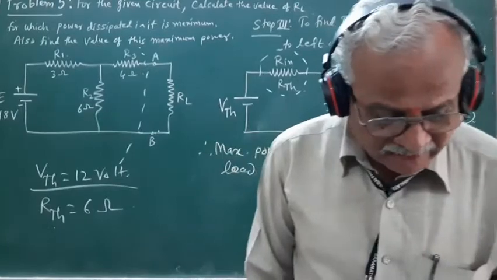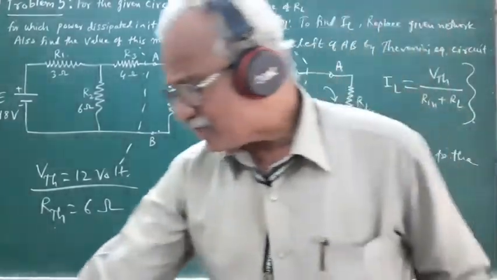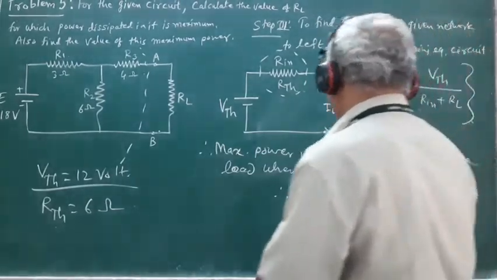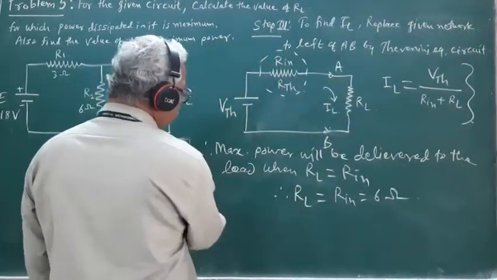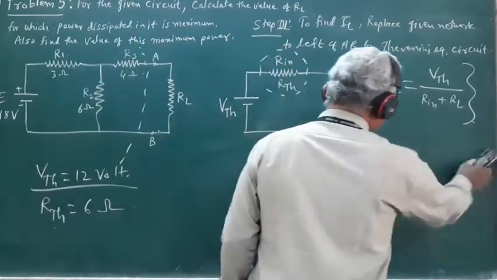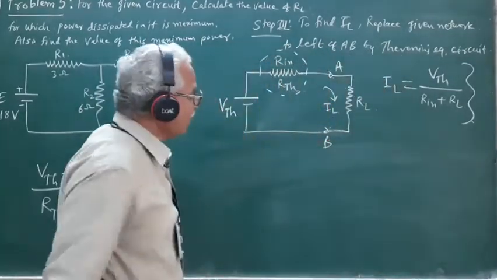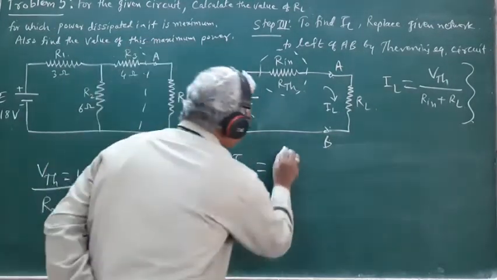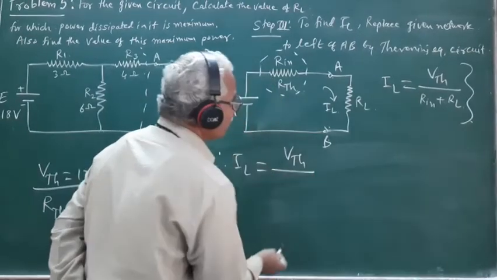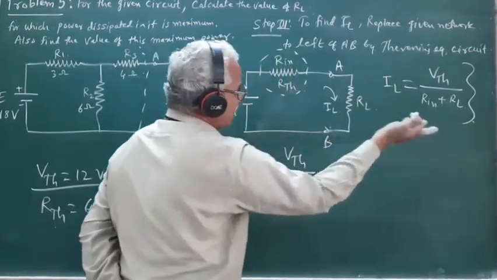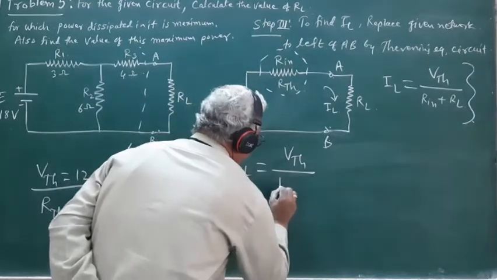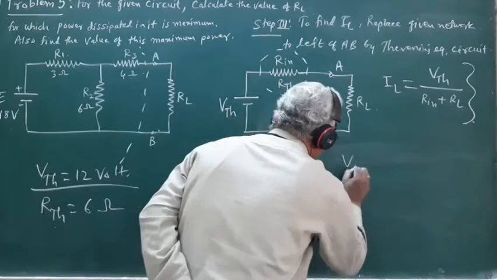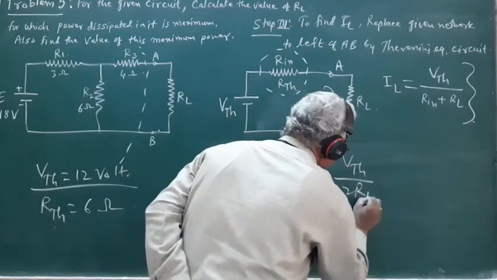So if we substitute the value of RTH equal to RL in this expression, the current flowing through the circuit will be given by IL is equal to VTH upon RL plus RL, which is equal to VTH upon 2RL.